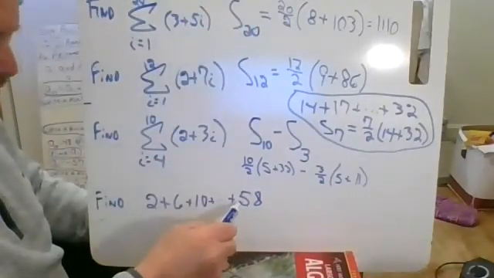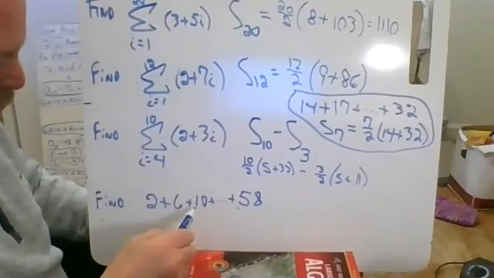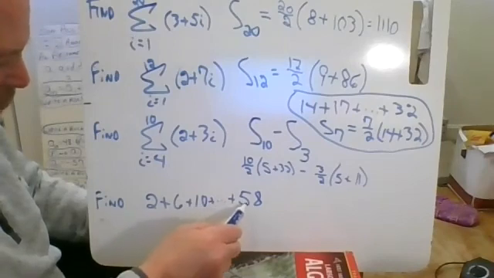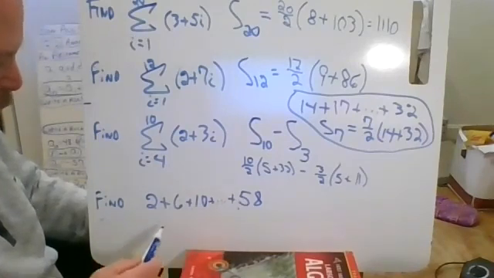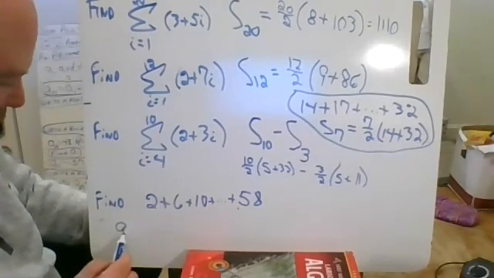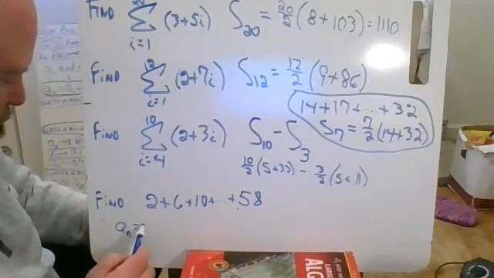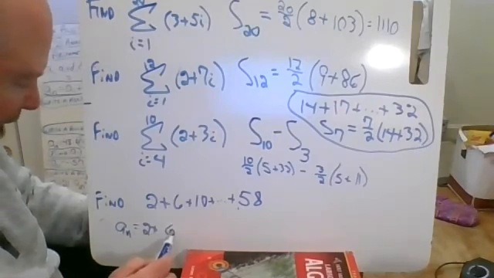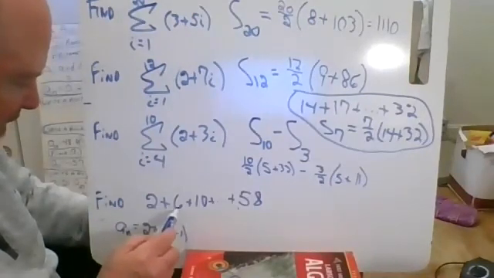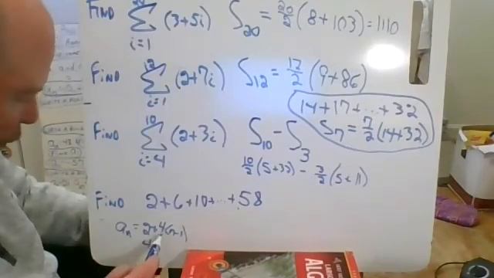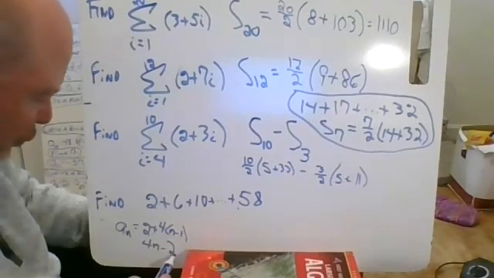We don't know n. So what we would do is look at this as a sequence of numbers, an arithmetic sequence, and we would find our n. Because we would generate our a sub n equals a sub 1 plus n minus 1 times d. d is 4. So you get 4n minus 4 plus 2 is minus 2.